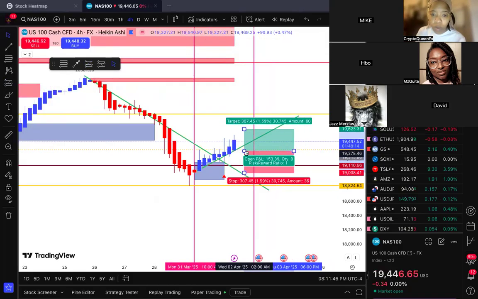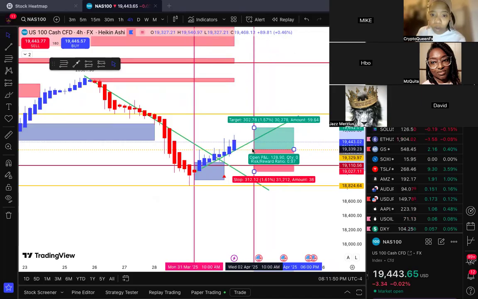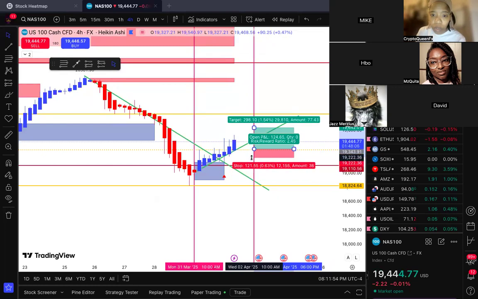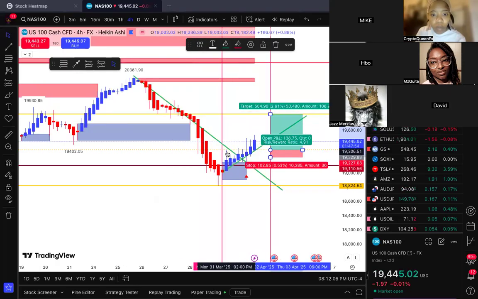Tomorrow, he's looking for something like this, and take it up to the weekly high. But it usually pulls back during market open.